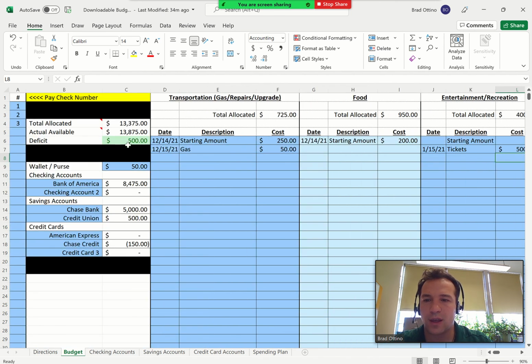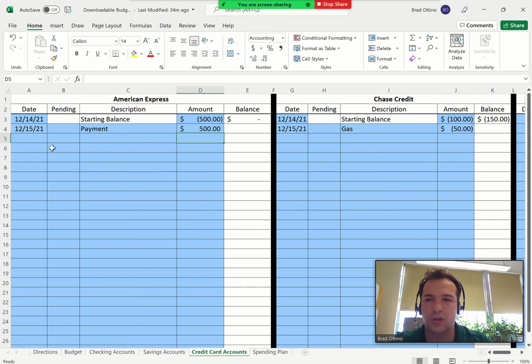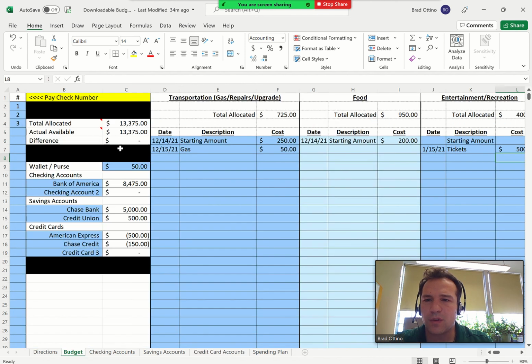And I have to put that $500 somewhere else. I bought my tickets on my American Express credit card. So I'm going to put airline tickets. And you could see my American Express balance is now $500. Everything is balanced.